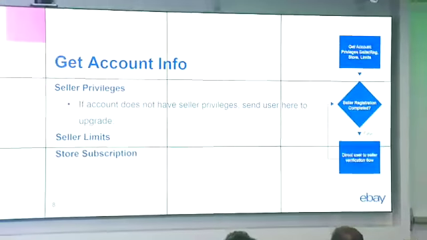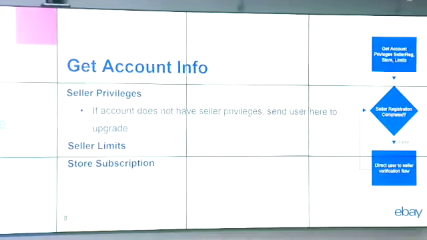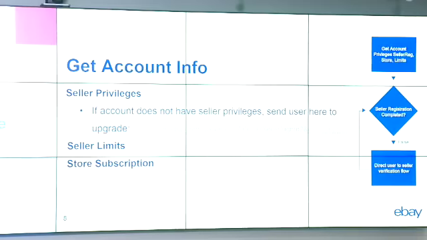The first few steps in our flow are about getting account info. I'm talking specifically about our new account API here. Some of this is available in the legacy API as well, but the first thing I recommend getting is seller privileges. The example I just gave you of Bulo Shoes signing in with a buyer account could have been prevented if we had checked ahead of time whether they were a seller.